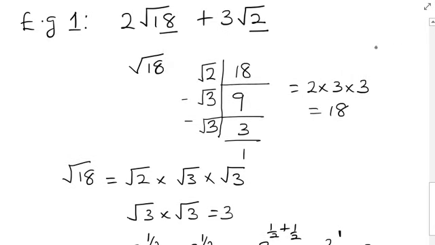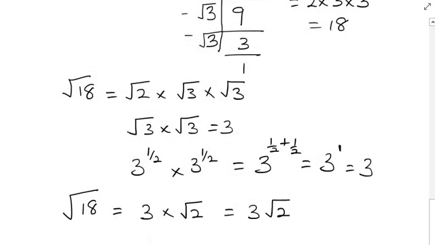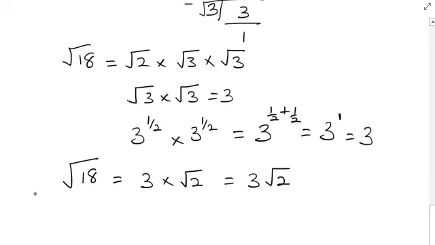Then don't forget, we now have 2 in front of root 18. So the question says 2 root 18 plus 3 root 2. That's the initial question.